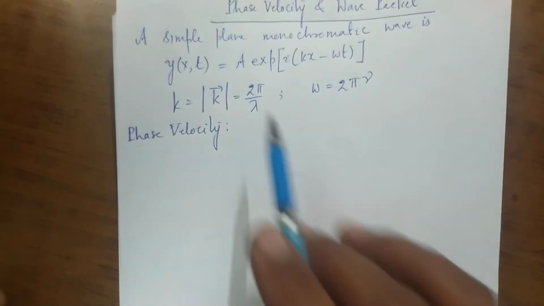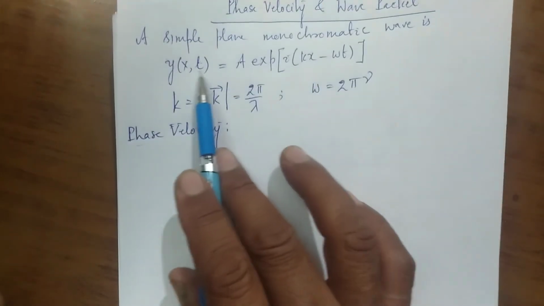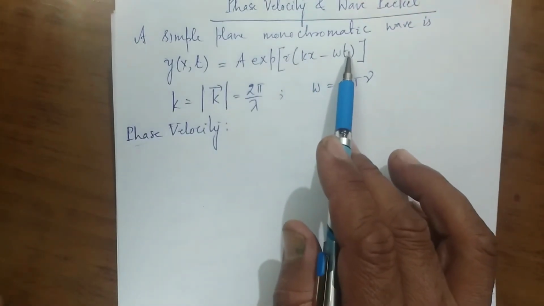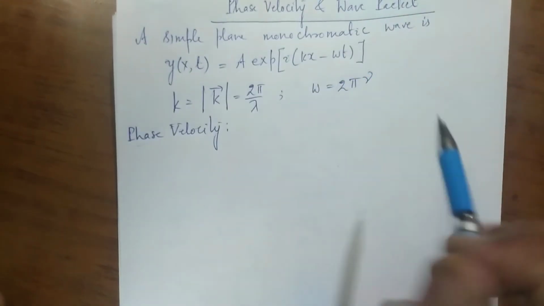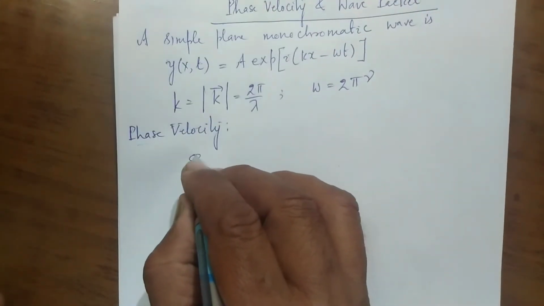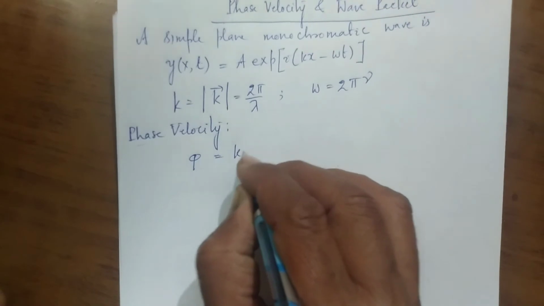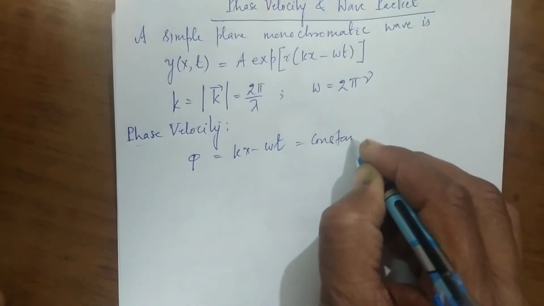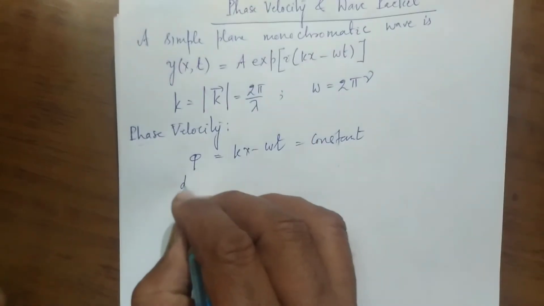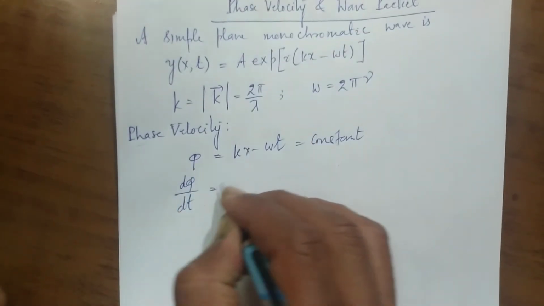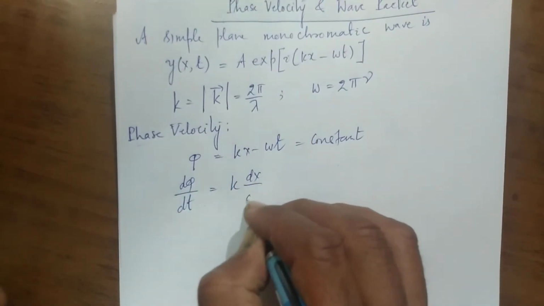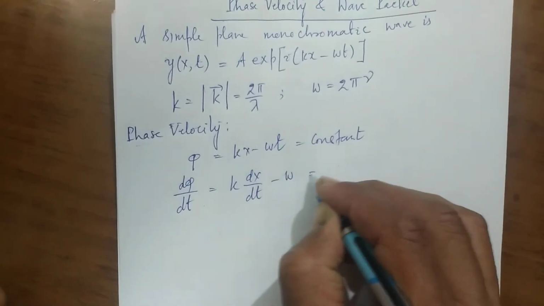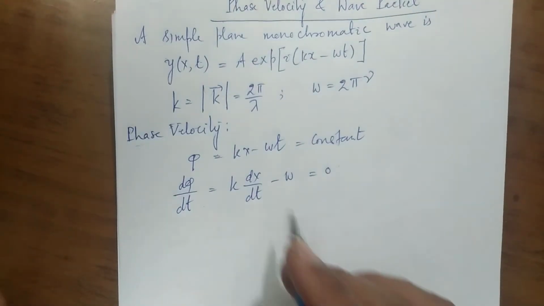So for example, in this equation for the wave, kx minus omega t is the phase of the vibrating particle. It is denoted by phi, kx minus omega t, and this is equal to a constant. We differentiate it with respect to time, that is k dx by dt minus omega is equal to 0.